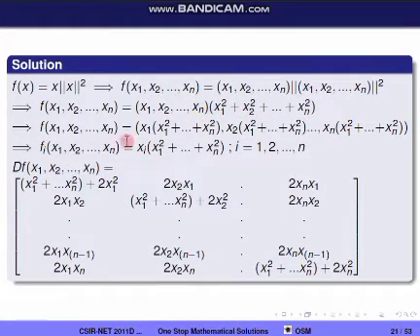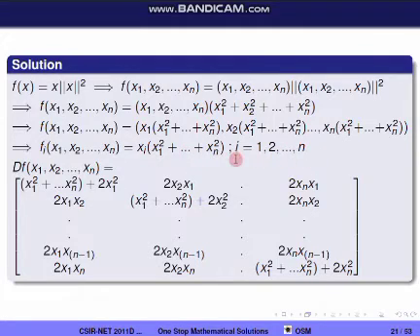So we'll get the n-tuple of x1 into x1 square plus etc. up to xn square, comma x2 into x1 square plus etc. up to xn square, etc. up to xn into x1 square plus etc. up to xn square. So this is the f1 function, this is the f2 function, this is the fn function. So in general we can write fi of x1, x2, etc. up to xn is equal to xi into x1 square plus etc. up to xn square for i equal to 1, 2, etc. up to n.